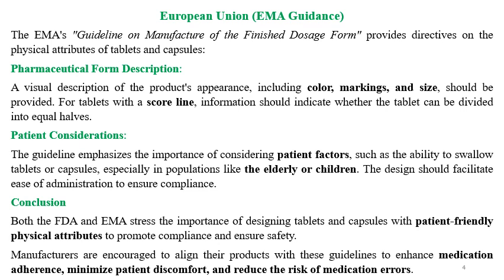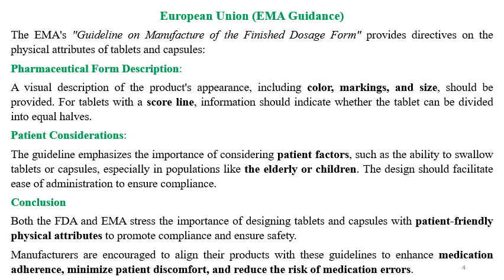Then patient considerations. The guideline emphasizes considering patient factors like the ability to swallow tablets or capsules, especially in populations like elderly people and children. The design should facilitate ease of administration to ensure compliance, because if tablets and capsules are not easy to swallow, they may lead to choking.